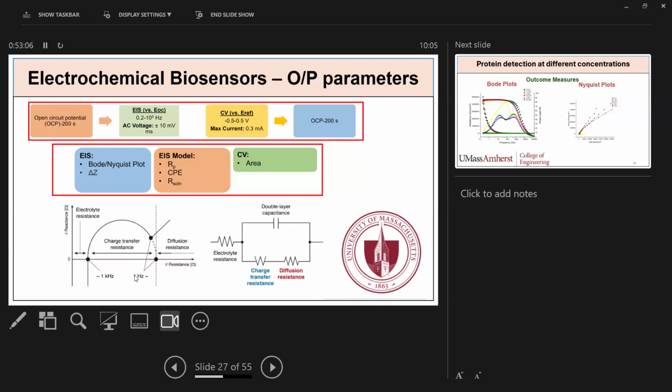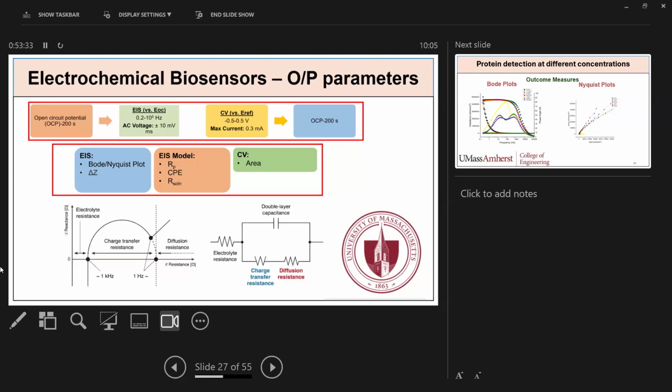So this charge transfer resistance increases or decreases mainly based on the different species present, and also we can get the double layer capacitance. In this work, we mostly work on the double layer capacitance. However, in bacterial detection, we used the charge transfer resistance. If you see this slide, for EIS I'm getting the Bode plot, Nyquist plot, change in impedance.